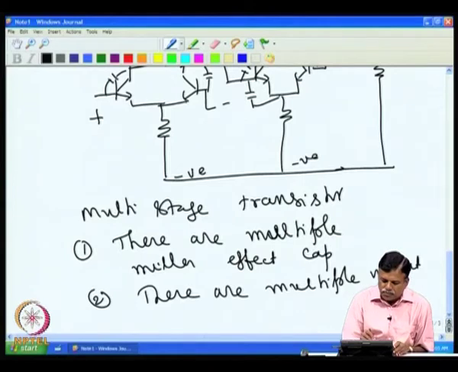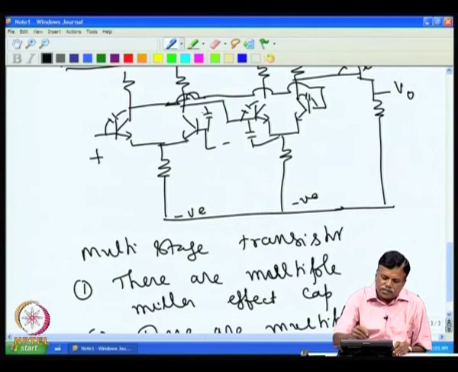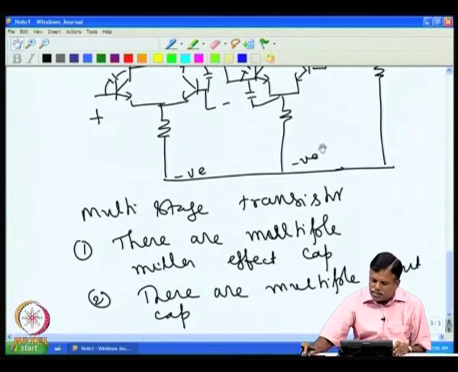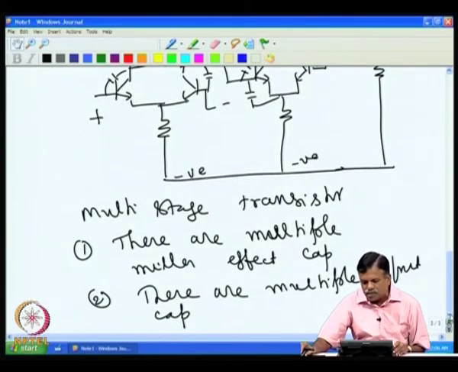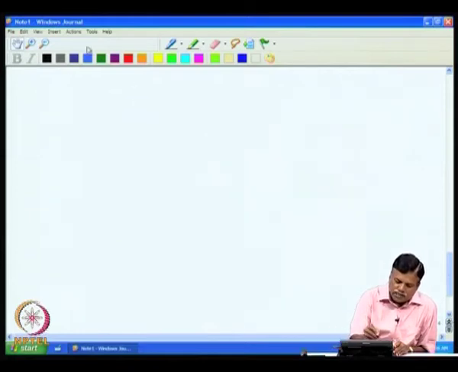The frequency response performance of this stage is related closely to how this is coupled to the next stage and the capacitor associated with this. Similarly, the frequency response of this stage is related to the next stage. So, the net result is that if we have several capacitors and we plot the frequency response of this multi-stage amplifier, it looks like this.